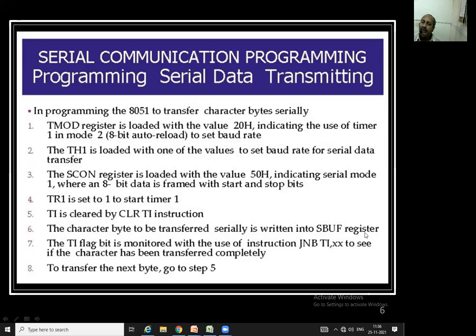Serially a byte means it goes bit by bit, but the total size is 1 byte. That is why it is written that the byte is transferred serially into SBUF, meaning it first goes into the buffer. This is monitored by the TI flag, which indicates whether transmission should start or not, that is, whether the timer interrupt flag is set. If it is set, communication starts, and afterwards, to transfer the next byte, go to step 5.